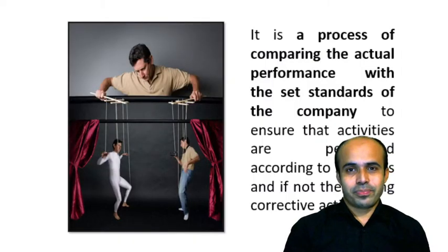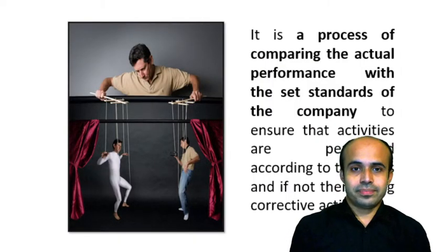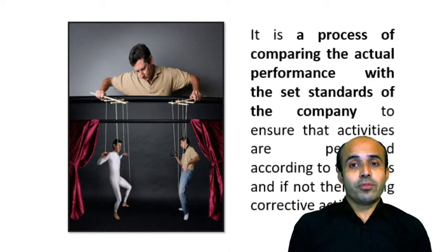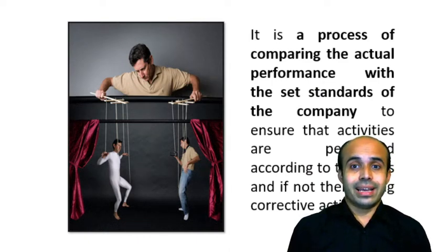Now coming to the definition of controlling. It is a process of comparing the actual performance with the set standard of the company to ensure that activities are performed according to the plan, and if not, then taking corrective action.